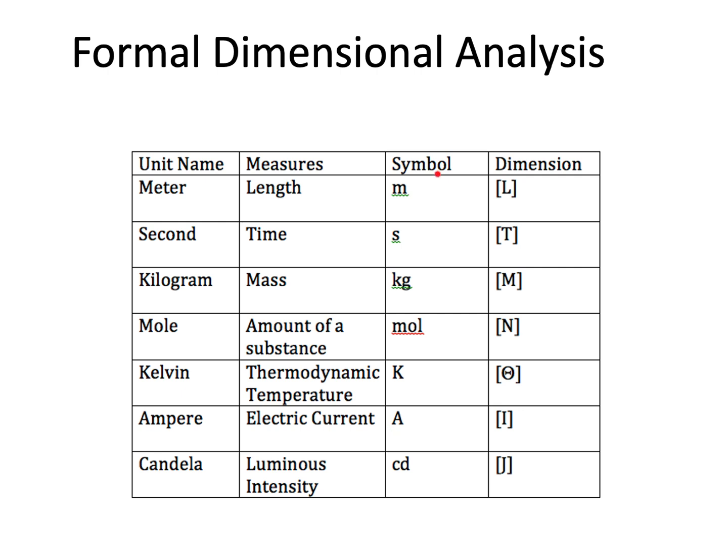Now, these symbols are all tied to the SI units, the ones that are the standard for scientific application. But as you know, there are other units. For example, we could measure length in feet or in miles or in furlongs. There are many different units of length that we could pick from.